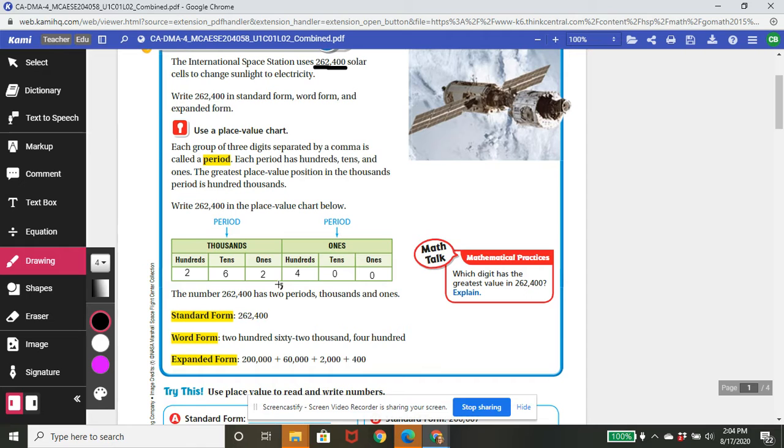And then this comma says thousand, okay? 262,400. You read each period on its own, and then the comma says the name. And so that's how I would write it out in words.